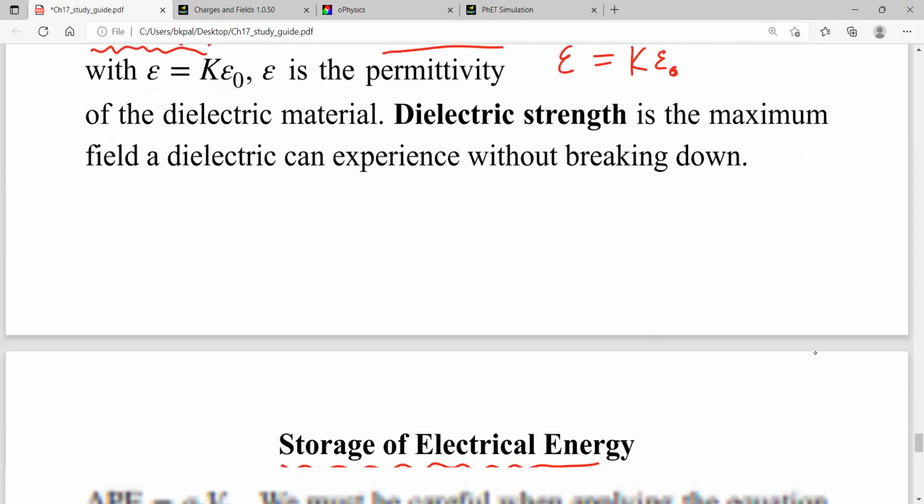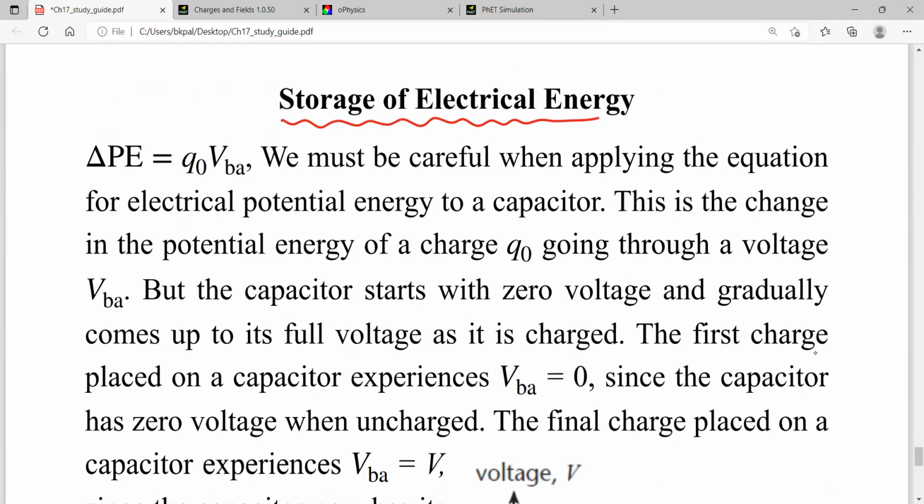The easy way to understand this is to start with this equation, Q equal to CV. You already saw this equation. So when a capacitor is connected with a battery, the charge on the capacitor is equal to the capacitance of the capacitor times the voltage.